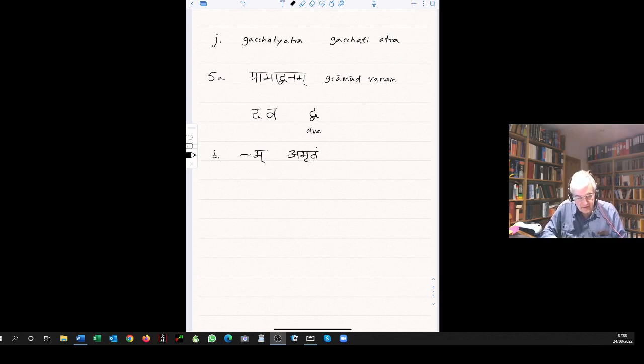Amritam here is used as a neuter noun, immortality. So amritam, immortality, jnanasya, of knowledge, phalam bhavati, the fruit is. That means immortality is the fruit of knowledge. If you get knowledge, the result is immortality.